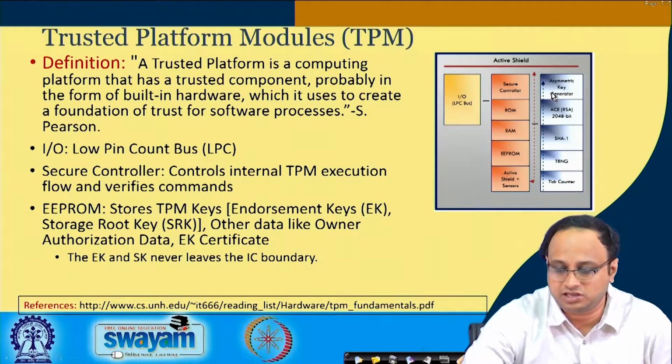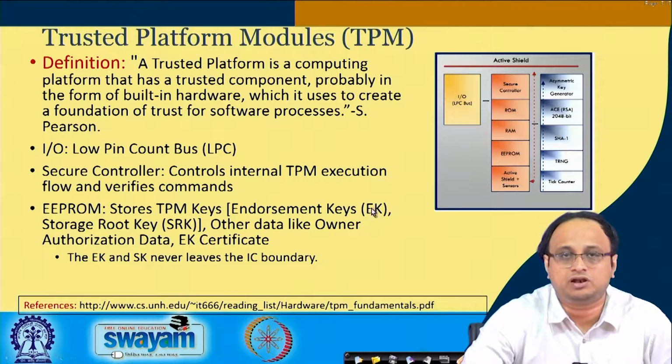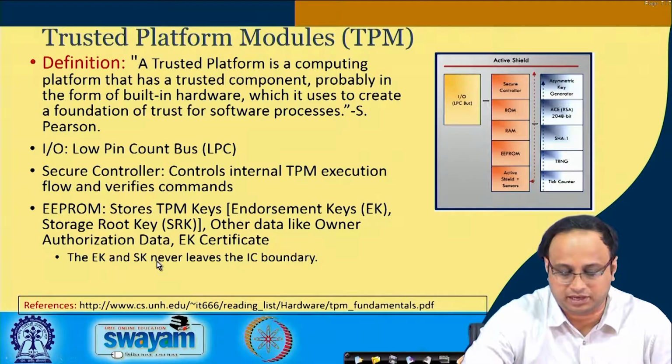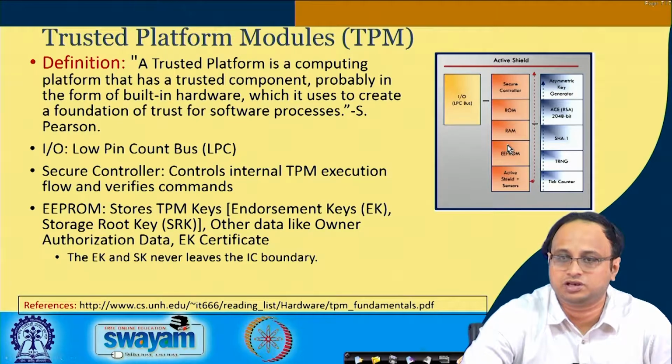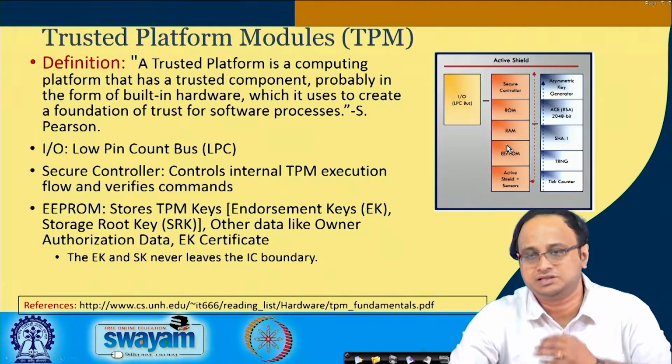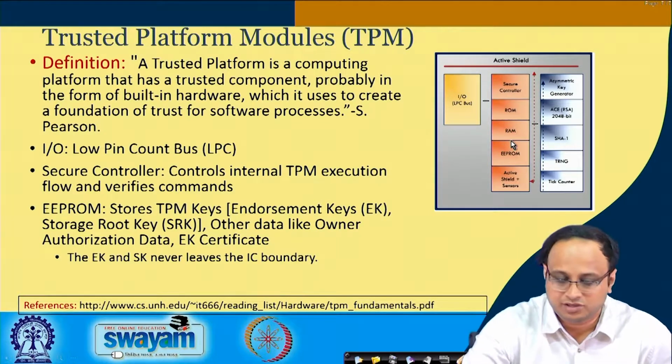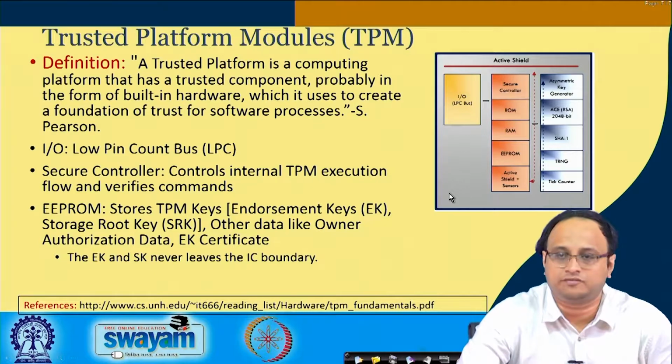So they remain embedded, in particular the private component. These are typically based on public key cryptography, so they have a public key and a private key component. The private key components of these keys, like the endorsement key and the SRK, never leave the IC boundary. They remain inside the TPM chip and are never externally exposed.